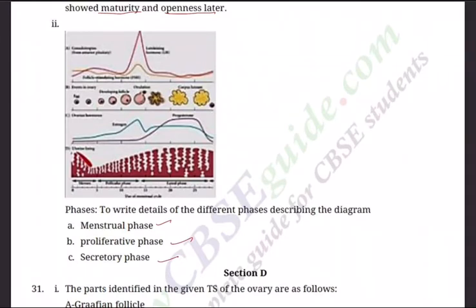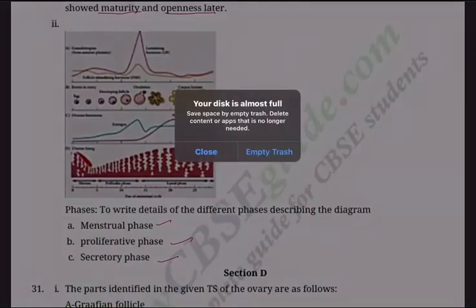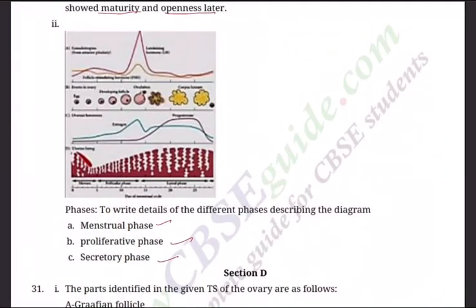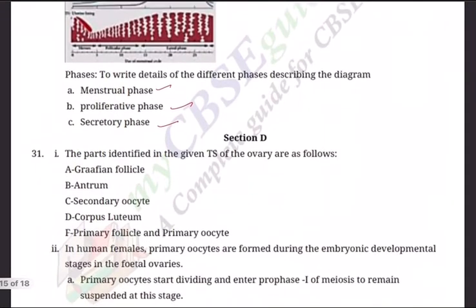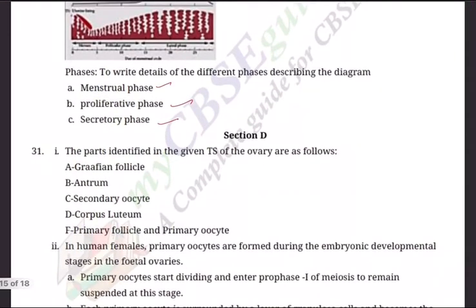Briefly explain what is the menstrual phase, what is the proliferative phase, and also, out of the 28-day cycle, how many days the menstrual, proliferative and secretory phases will last, and what is the influence of hormones. That also you have to mention. Okay, you need to talk about every stage.